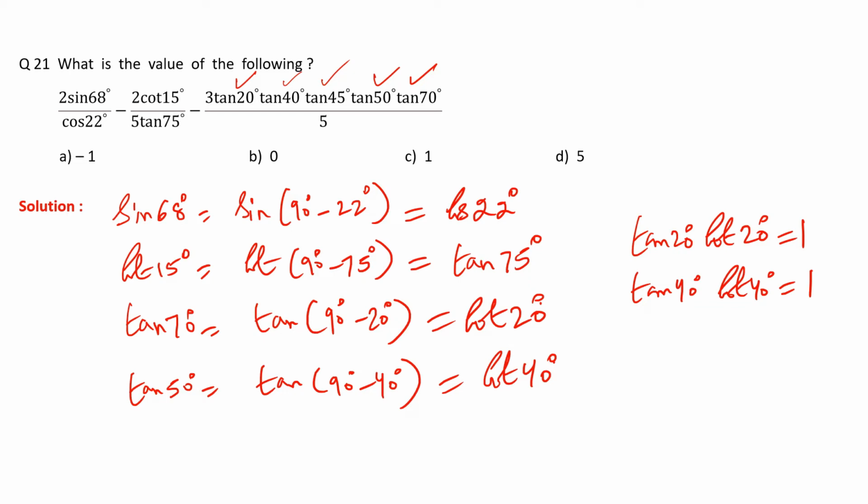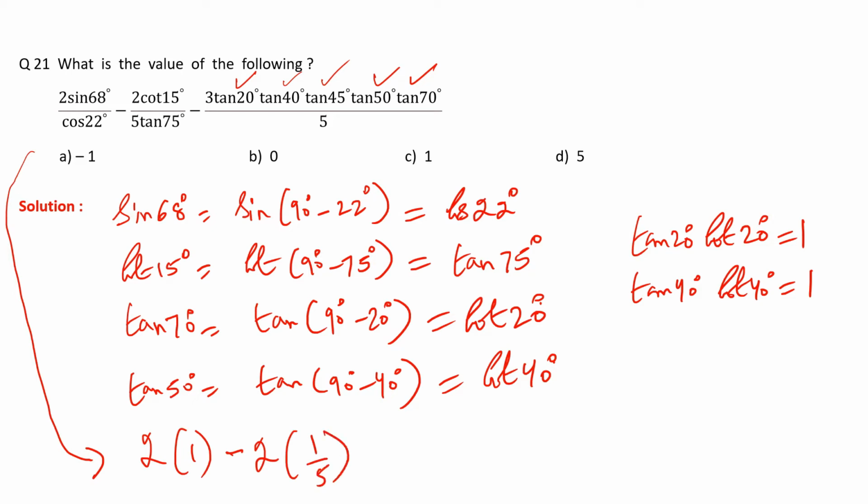So that means the final expression becomes 2 into 1, because sine 68 degree and cos 22 degree will cancel each other, minus 2 into 1 upon 5, because cot 15 degree and tan 75 degree will cancel each other, and minus just 3 upon 5, because I have already told you the numerator of the third term becomes just 3.